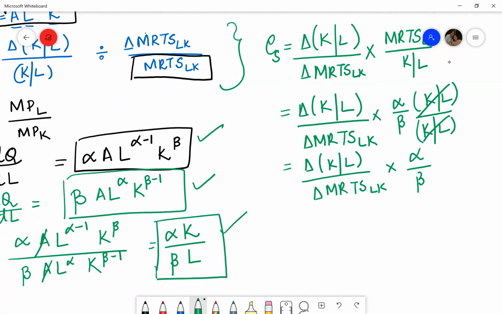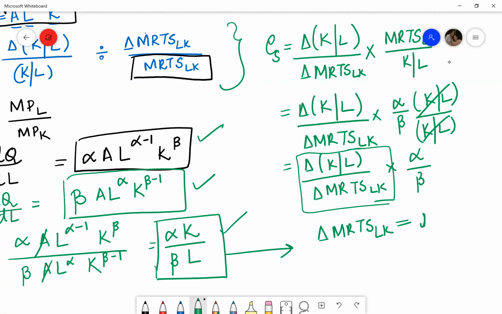Now, our next step is to calculate this ratio. Okay, so in this case, change in MRTS will be what? Change in MRTSLK will be nothing but alpha by beta into change in K by L, right?